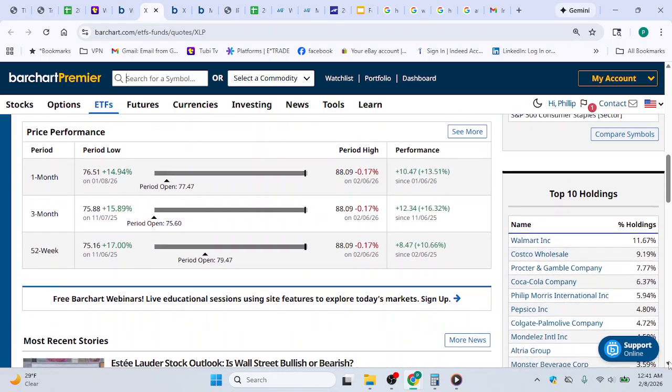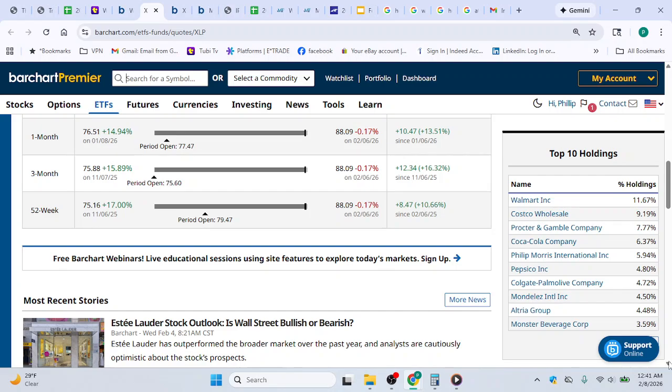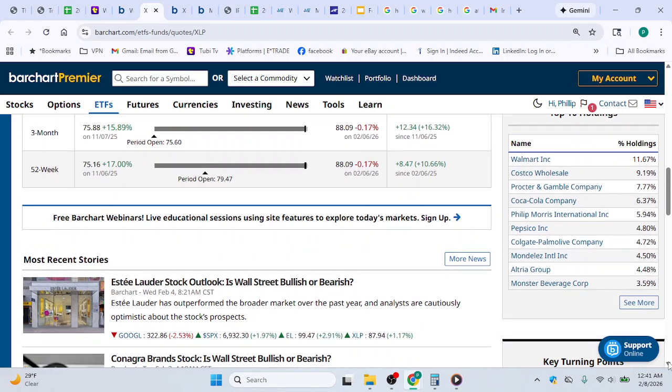Then another interesting bit of information that I like about Barchart is you've got the top 10 holdings of ETFs. And this just shows some common names in that ETF that you would probably know and recognize. So in this fund, which is an ETF, we can see that Walmart is the top holding.